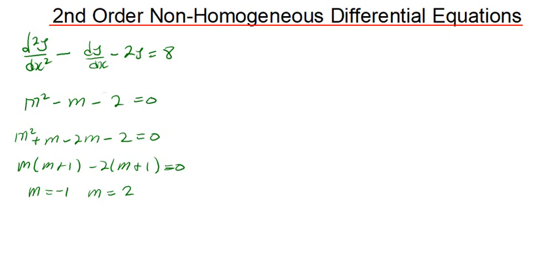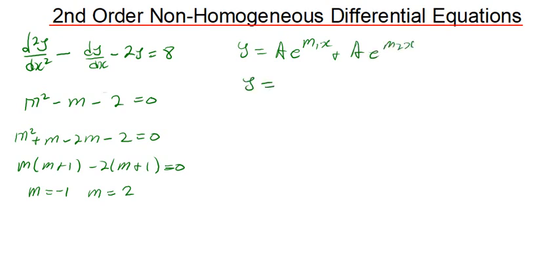This takes us back to what we were talking about with homogeneous differential equations and the possible solutions. When you have real distinct roots, your y equals A e to the m1 x plus B e to the m2 x.